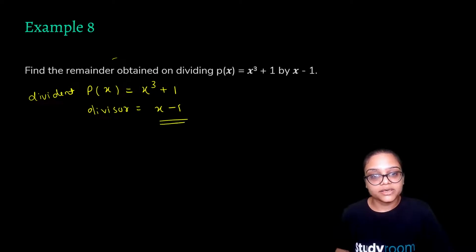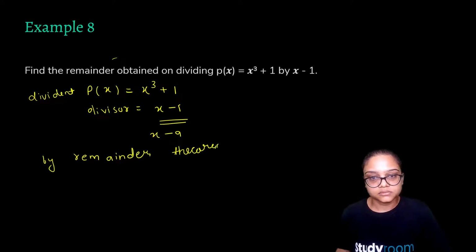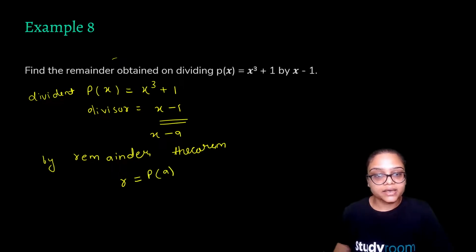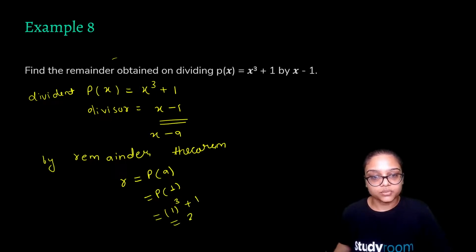See, it's of the form x minus a, and we have learned by the remainder theorem that if the divisor is of the form x minus a, that is, degree 1, then the remainder degree would be 0 and the remainder would be equal to p(a). So what is a here? 1. So it will be equal to p(1). So put 1 cube plus 1. It will be 2. Your answer.